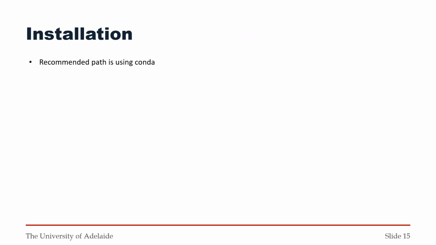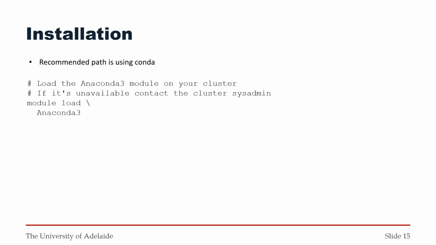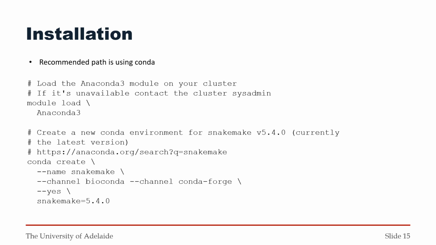Okay. So for installation of Snakemake, it's generally recommended to use Conda. For those of you who haven't used Conda previously, if you're working on an HPC facility, they tend to have Conda or Anaconda available. These are typically accessible through the modules system, so something like this might work on your cluster.